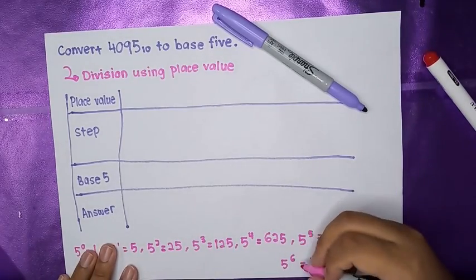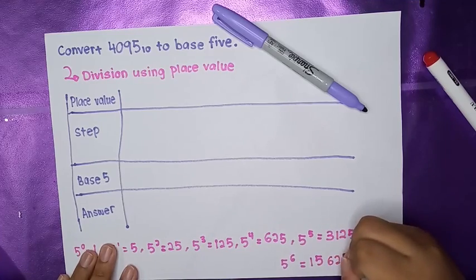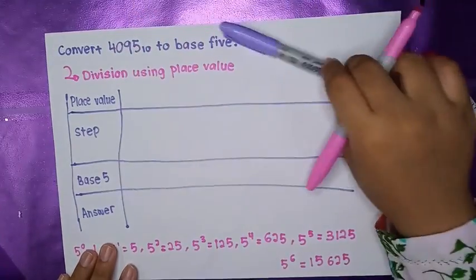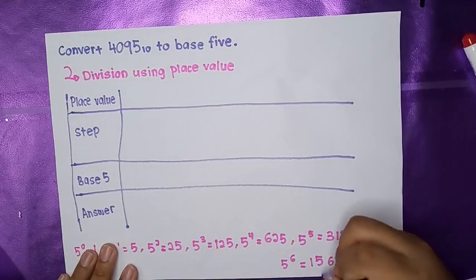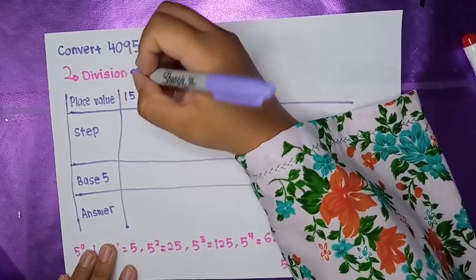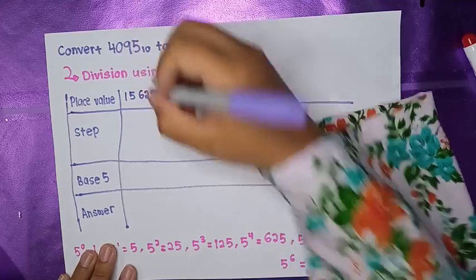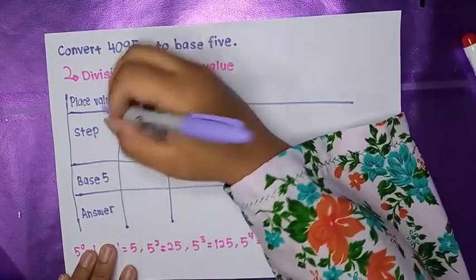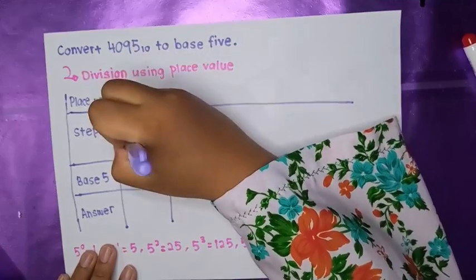And then 5 power of 6 equal to 15625. This is higher than 4095, so we're gonna write this one in here, 15625. Close the table, and we're gonna say that 15625 is higher than 4095.